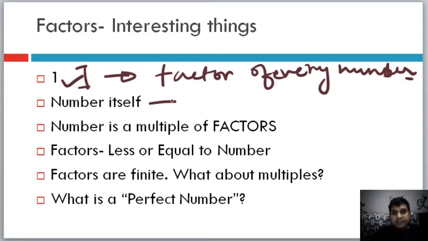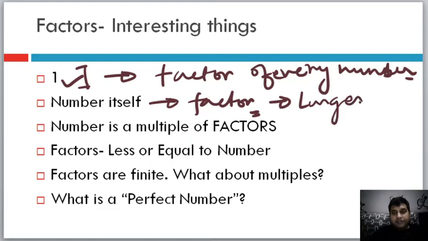The number itself is going to be the factor, so we just discussed this, and it is also going to be the largest factor. Okay, so if there is a number, that number is going to be the largest factor. If there is a number greater than the number itself, obviously it's not going to be the factor.